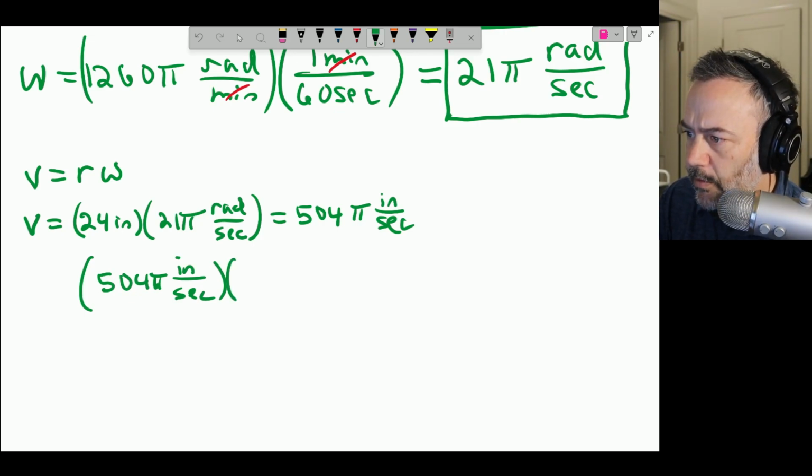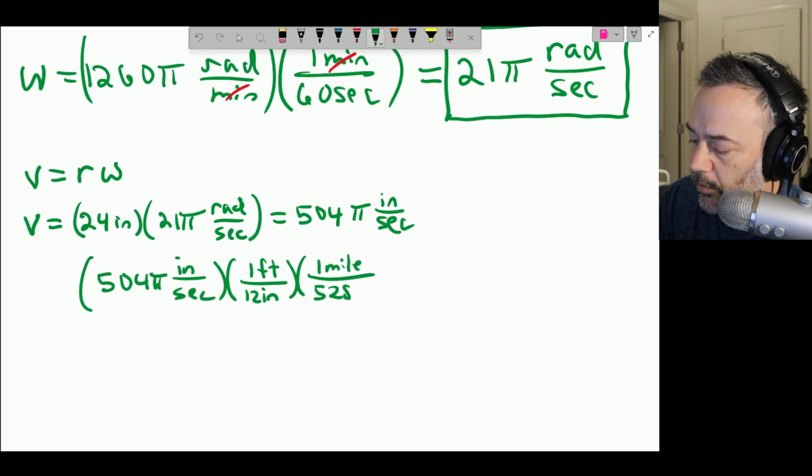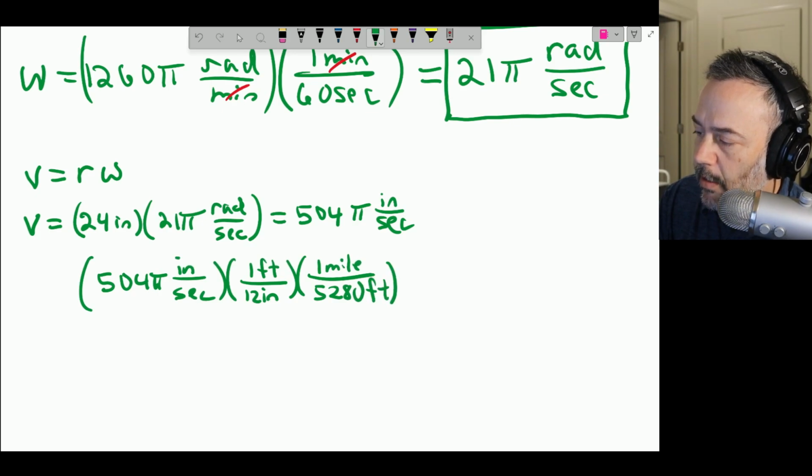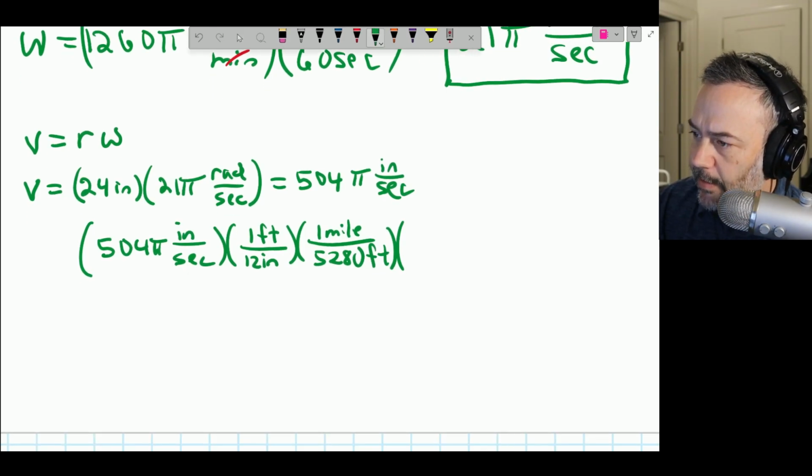We need to convert inches to feet, so we multiply by 1 foot per 12 inches. And we would convert feet to miles, so it is 1 mile per 5,280 feet. And then we want it in miles per hour, but we've got our time currently in seconds, so we need 60 seconds per 1 minute.